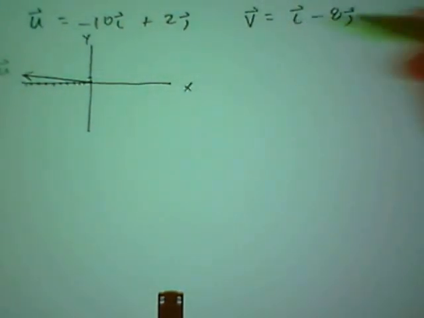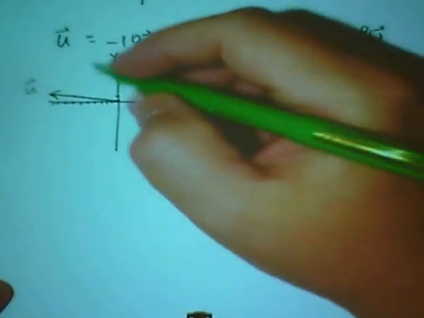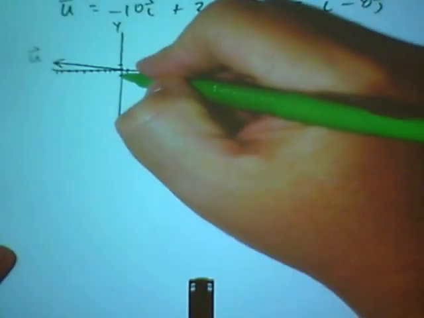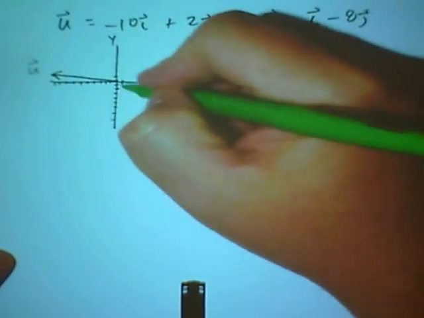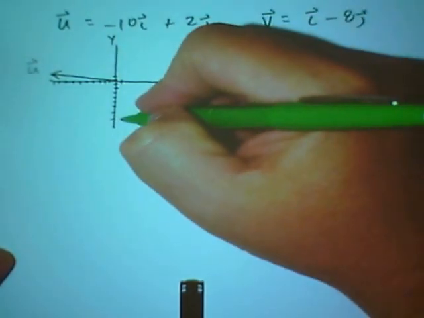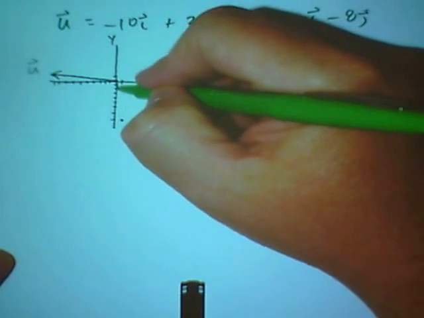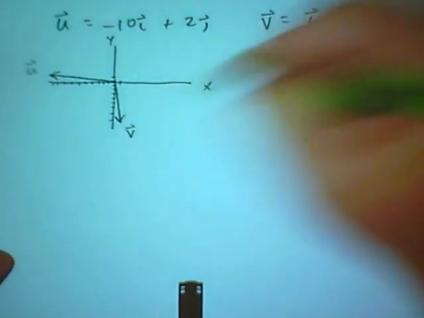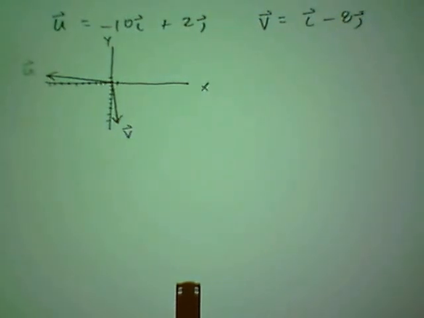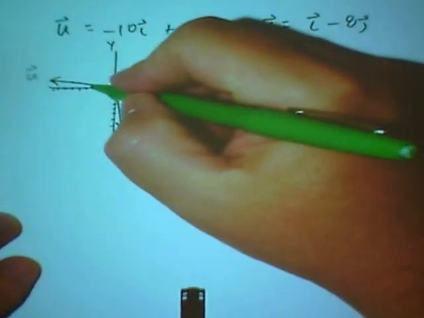Vector v is i minus 8j. So i and then 1, 2. There's vector v.